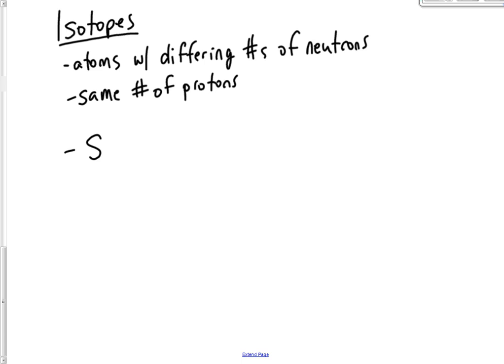So let's say silicon, and then we're going to give the mass number. And the way you find the number of neutrons is you're going to take that mass number, just like we did earlier, mass number minus the number of protons, which is atomic number.